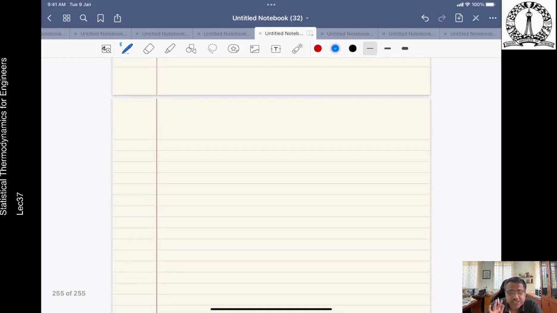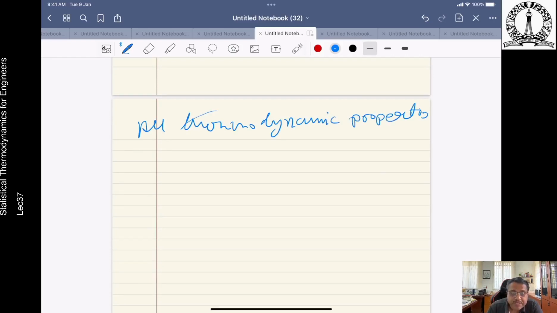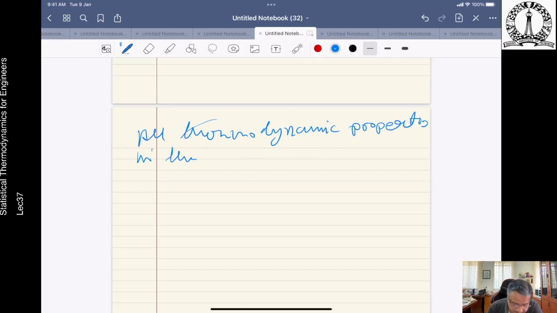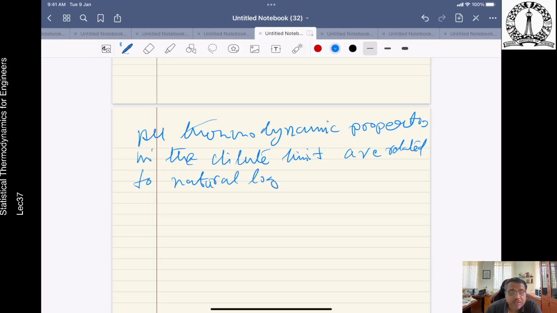Just to write it very clearly, to reiterate: thermodynamic properties in the dilute limit are related to the natural log of the partition function.